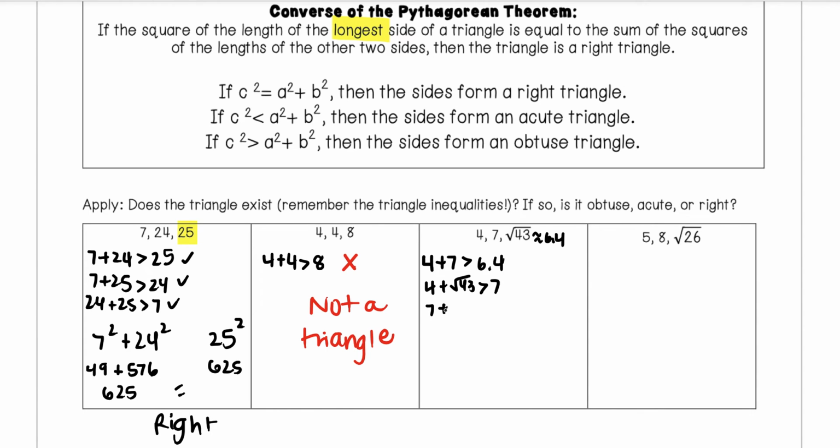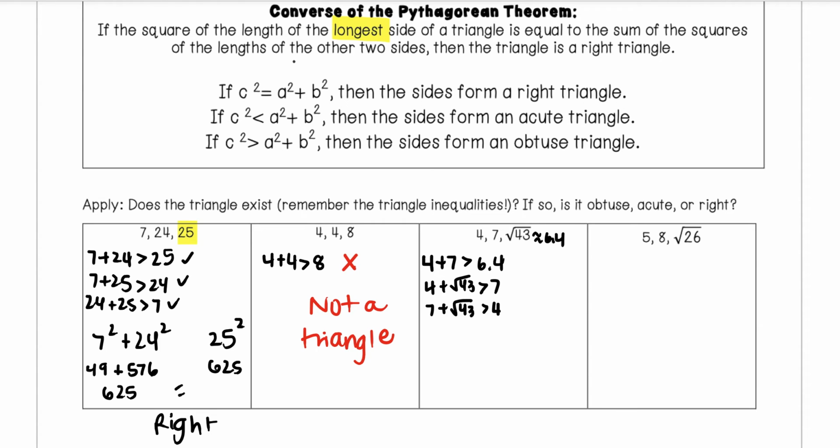And 7 plus the square root of 43, which is about 6.4, would be greater than 4. Sorry, wrote the wrong thing. So greater than 4.